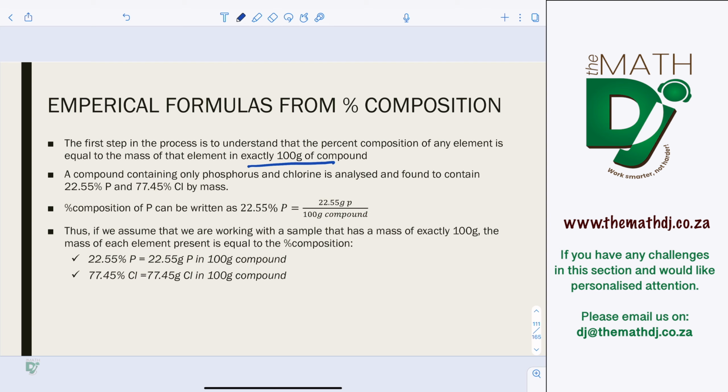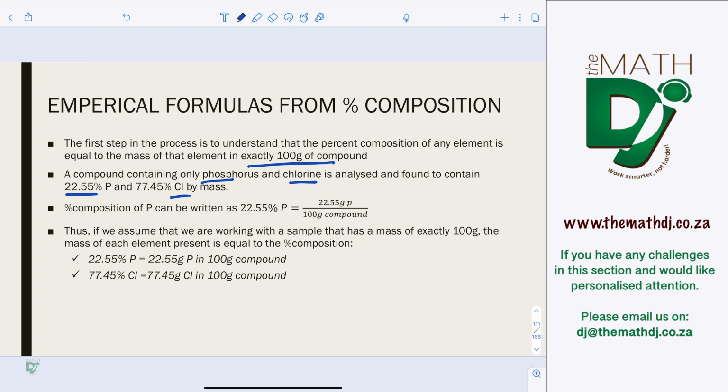So, a compound containing only phosphorus and chlorine. This will be done when they examine the substance and find out there is phosphorus, there is chlorine, and it is analyzed and found to contain 22.55% phosphorus and 77.45% chlorine by mass.